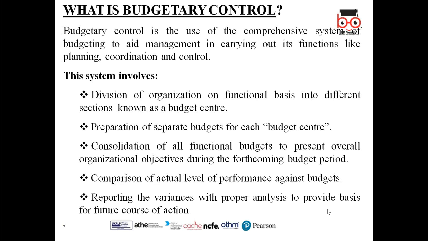If we don't have a budget, we can't plan, we can't coordinate, we can't control. We say we're giving you this money, where did you spend it? We ask HR or other departments how much budget they were given and what they did. So we can measure somebody's performance against the budget as well.